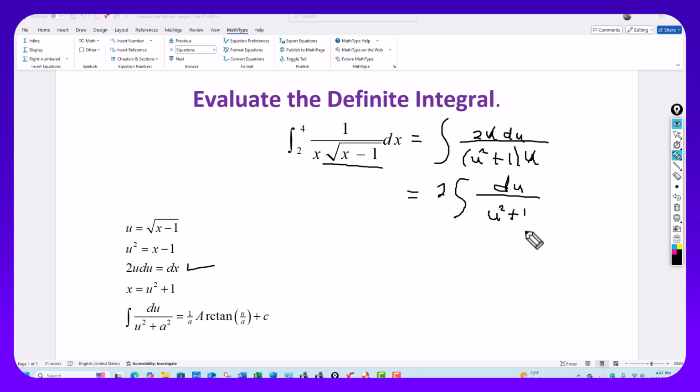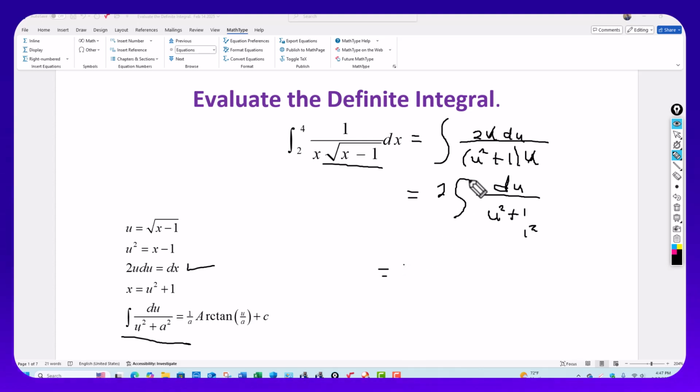Now you can rewrite 1 as 1 squared, or visualize it as 1 squared. So that fits this form right here, the integral of du over u squared plus a squared. In this case, of course, u is u, and the 1 can be a, because that's 1 squared. So it's a.